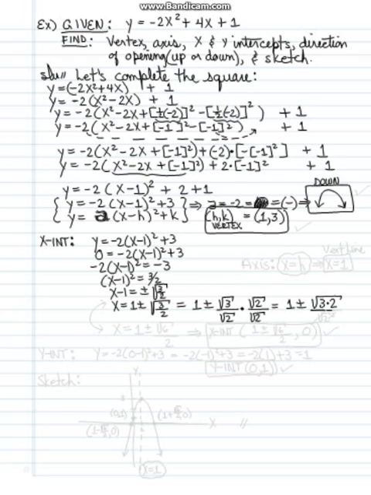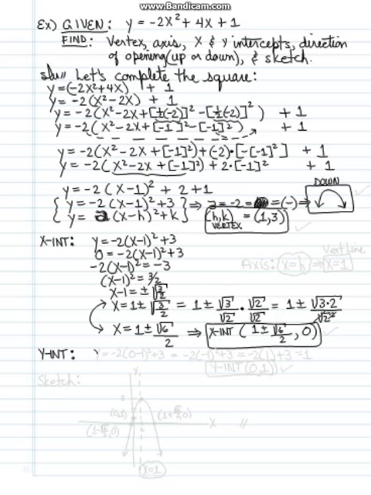That gives you 1 plus or minus the square root of 3 times 2, which will be 6, square root of 6, over 2. So you see our second answer is the same as the first answer. This 1 plus or minus the square root of 3/2 is the same as 1 plus or minus the square root of 6 over 2. So our x-intercepts are the ordered pairs (1 plus or minus the square root of 6 over 2, 0). There are two ordered pairs there, one with a plus and one with a minus.